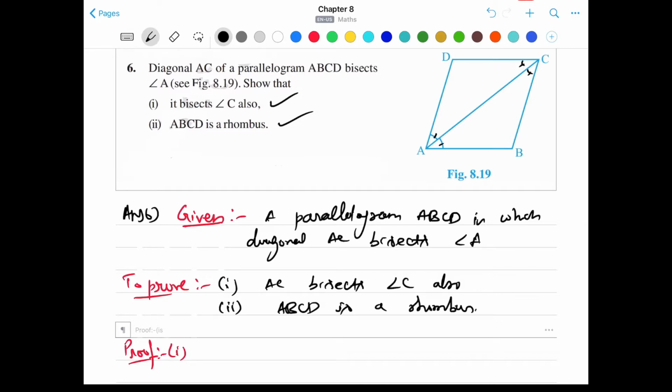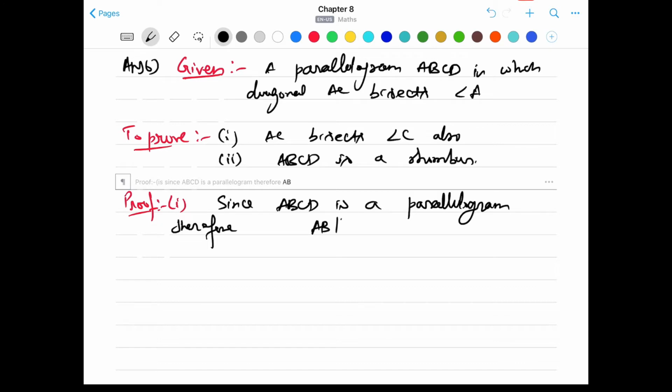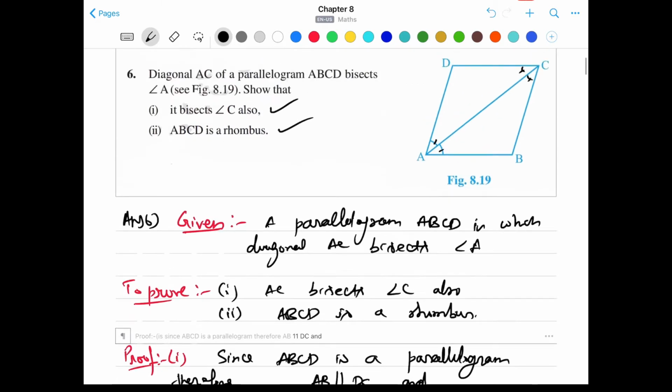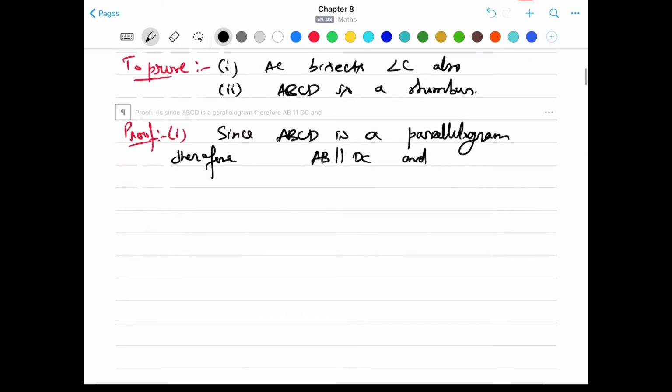So we'll write, since ABCD is a parallelogram, therefore its opposite side AB will be parallel to DC, and AC will be a transversal.